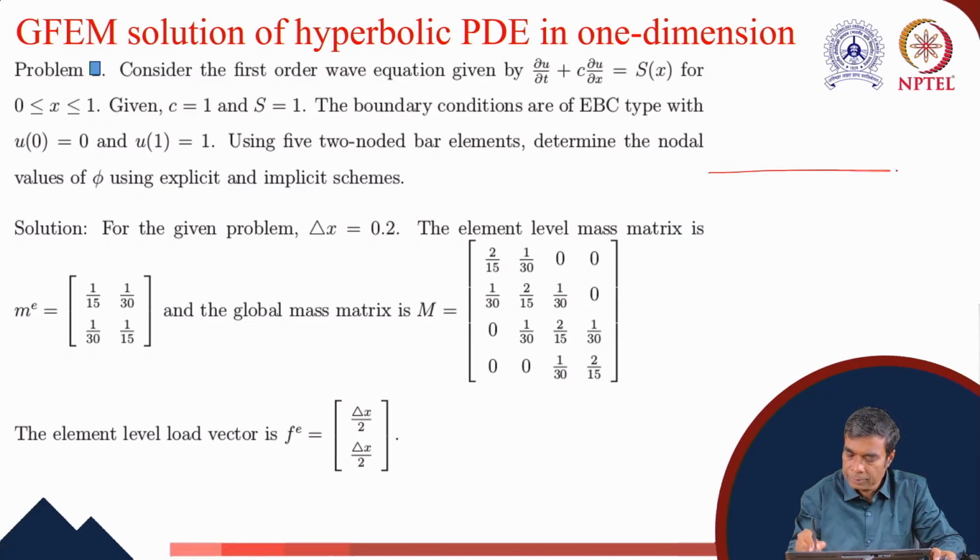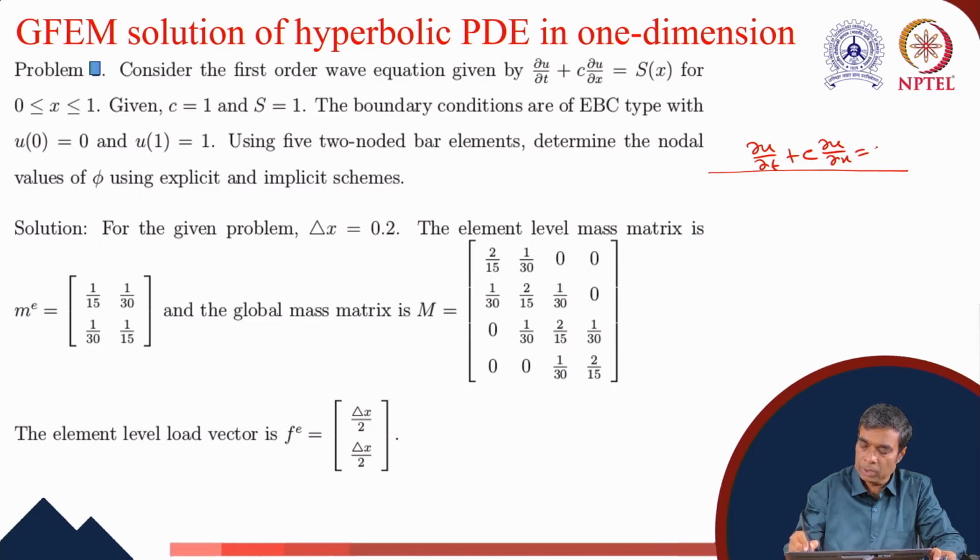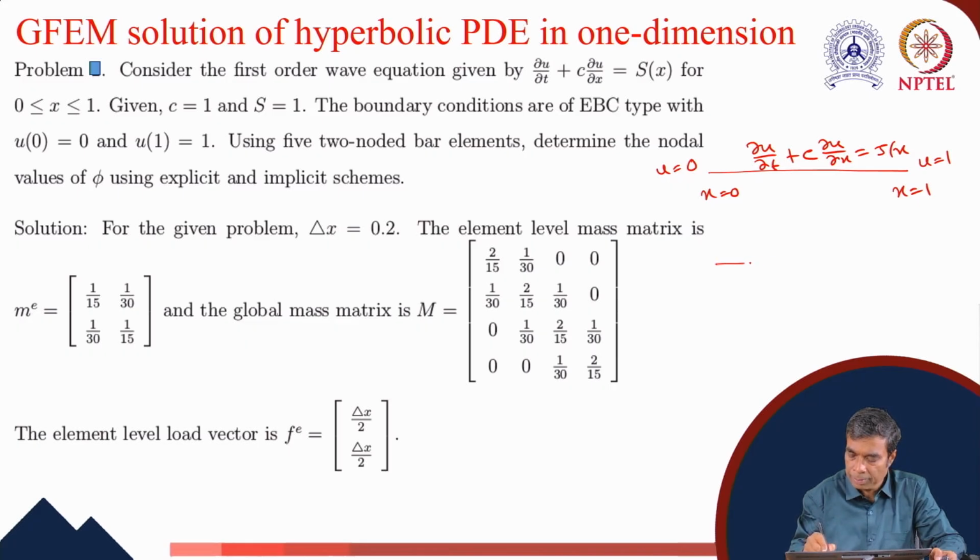So this is our problem definition, that del u del t plus c del u del x equals to the source term. This is x equals to 1 unit, x equals to 0. Here u equals to 0 at x equals to 0, and here u equals to 1 at x equals to 1. Both are the essential boundary conditions, and we have the mesh here.